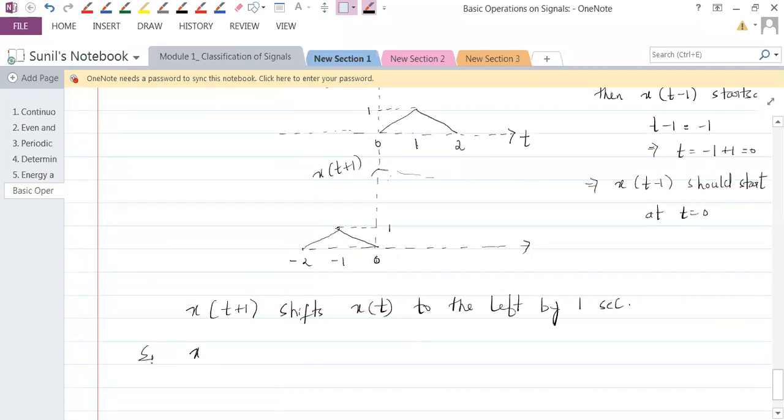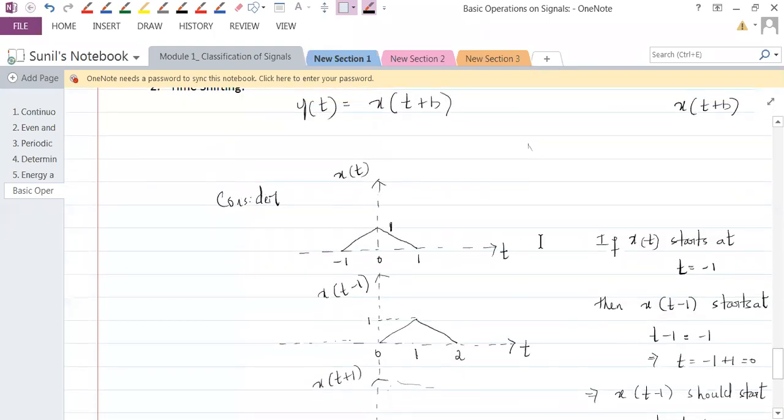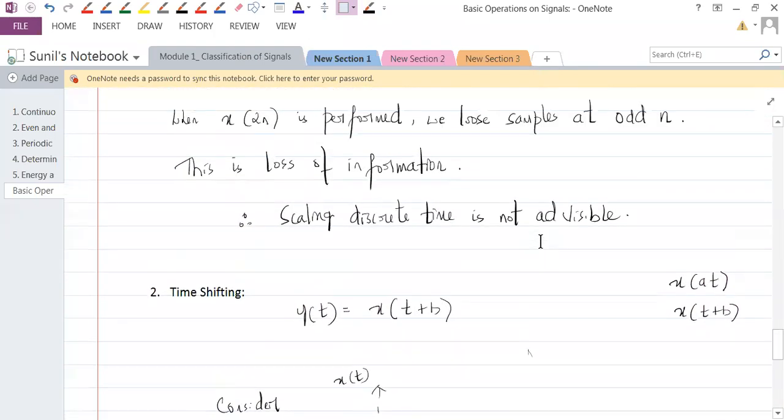And x of t minus 1 shifts x of t to the right by 1 second. So this is what one should understand. Is this okay with you, everybody? Very important things we are discussing, because these are all very basics of signals.